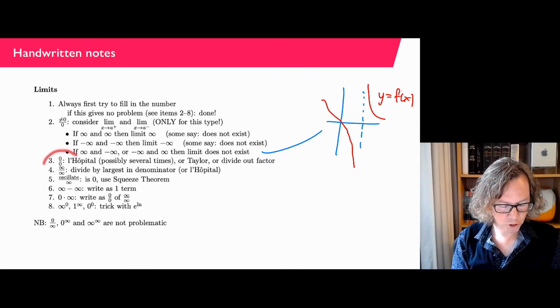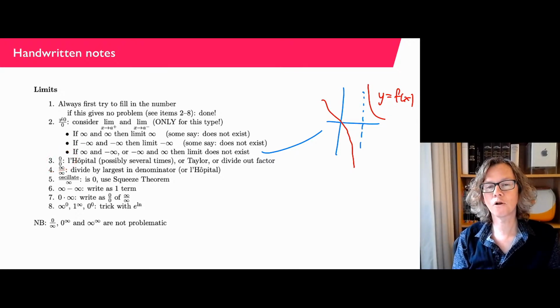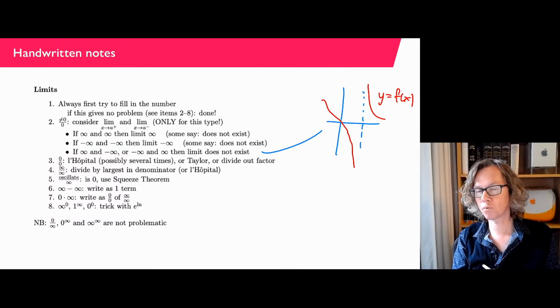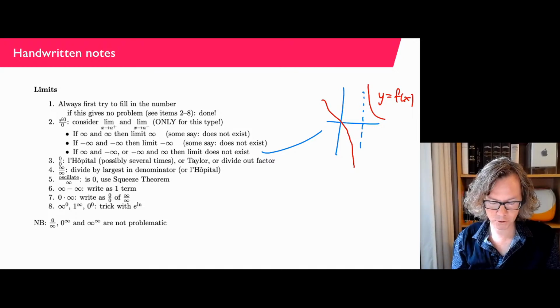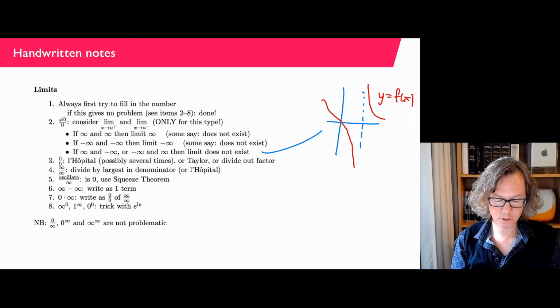Next, if you have 0 over 0, you might try L'Hopital's theorem. So we didn't cover that yet, but we will. That's something that we will encounter later on during the lectures. Taylor, we don't do, so that's variant 2 only. Or divide out a factor. So divide out a factor, what does that mean?